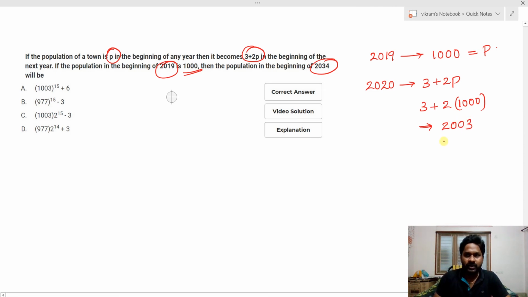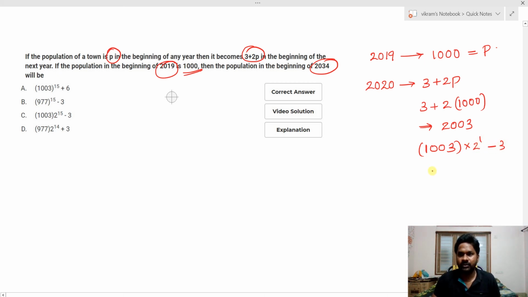Can we apply this to any one of the options? For year 1, I can write 1003 into 2 power 1 minus 3.